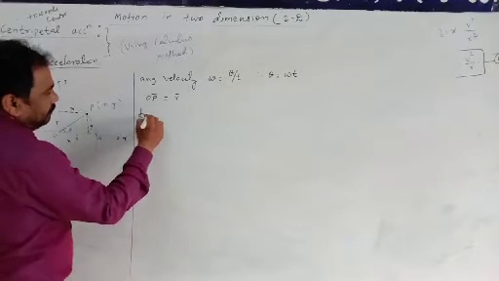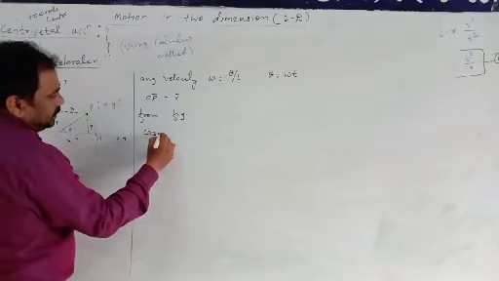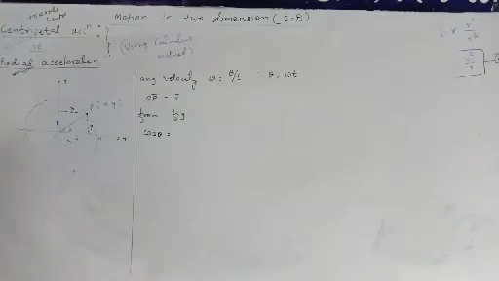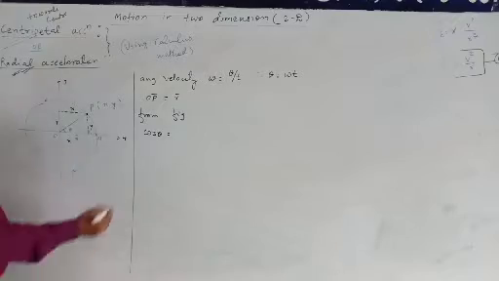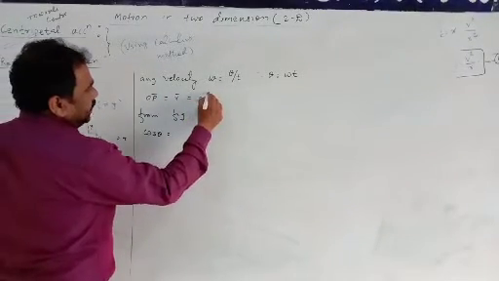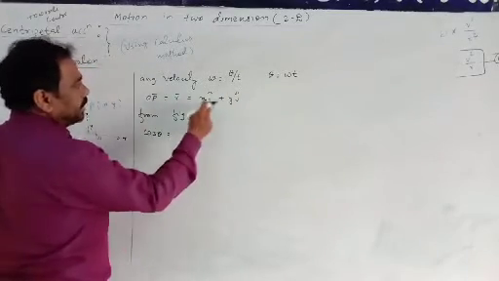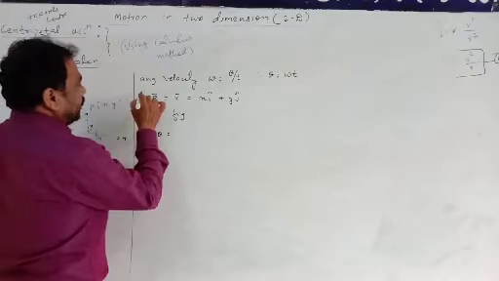From the figure, this r can be written as x i cap plus y j cap.